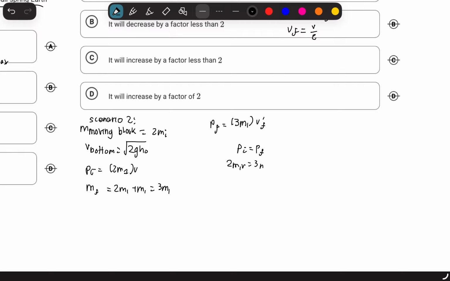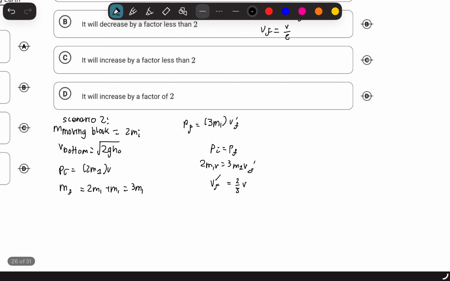2M1V is equal to 3M1 VF. So VF prime is 2/3 V. Now we can compare our different final V's that we got.